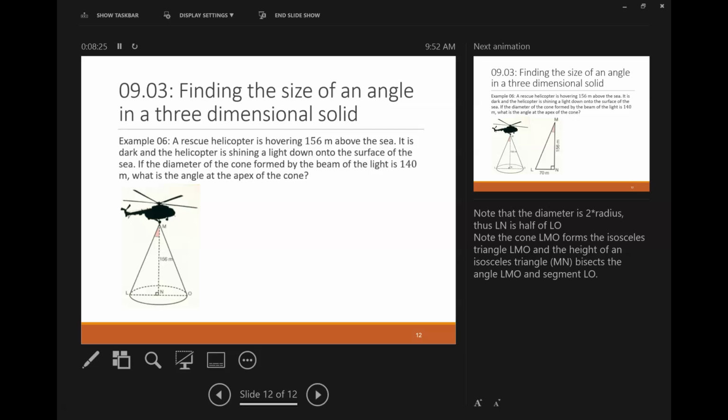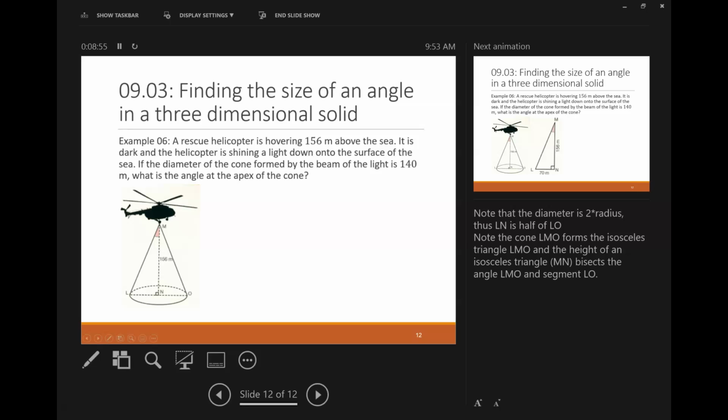So we have a rescue helicopter, and it's shining a spotlight down on something. And we're looking for the angle here at the apex of the cone. So I want LMO. Everybody okay there? Okay.